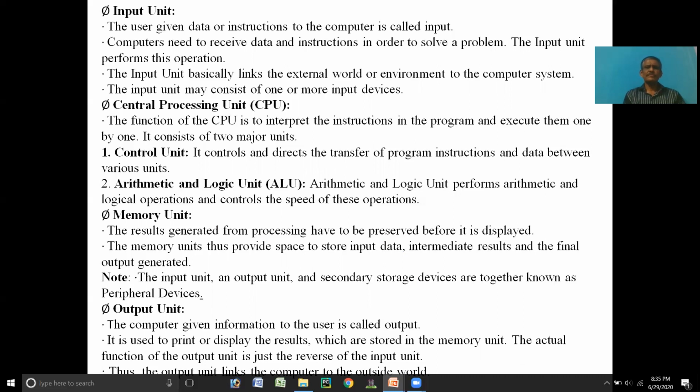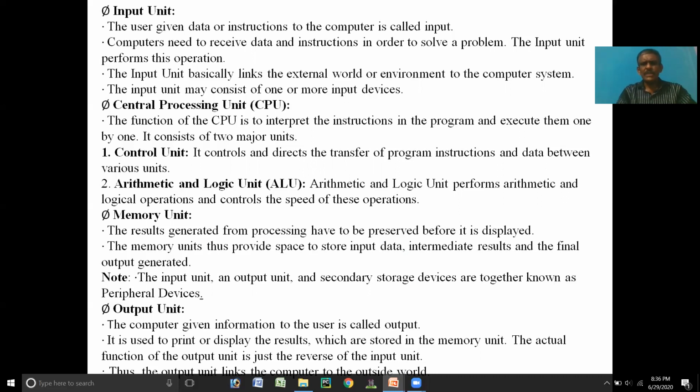First, the input unit. The user-given data or instructions to the computer is called input. The main operation of an input unit is to receive the data and instructions in order to solve a problem.